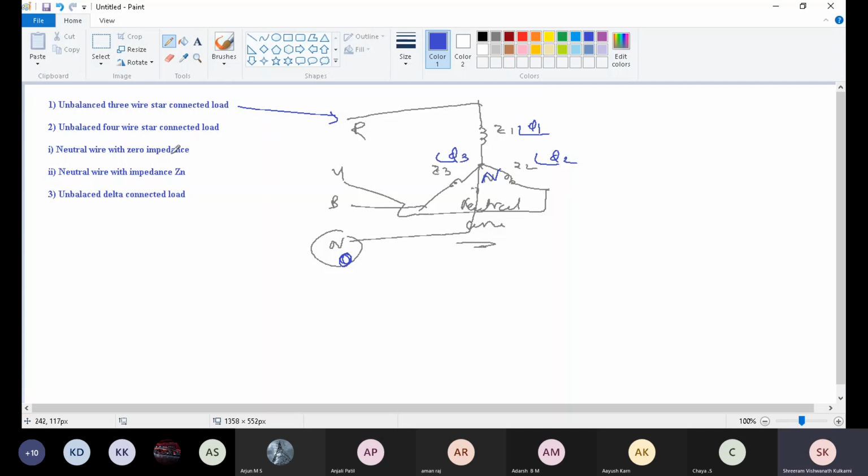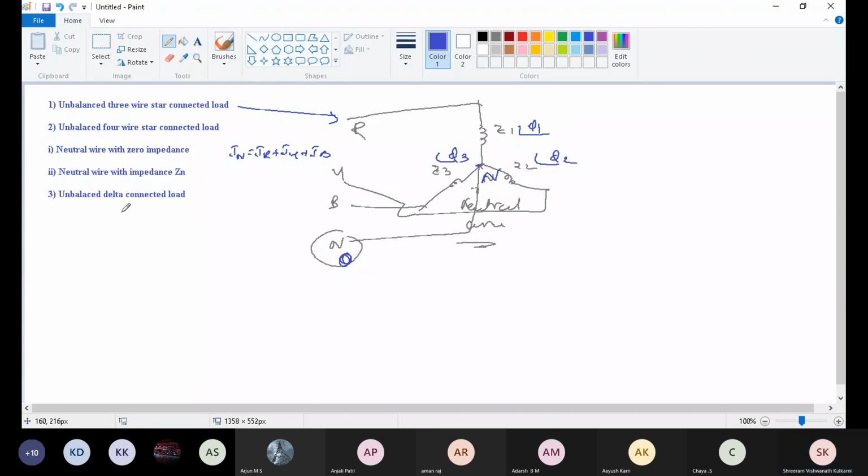Neutral wire with zero impedance, where I can get IN equals IR plus IY plus IB. Neutral wire with impedance Zn, the currents are different, as well as there will be a voltage difference with O.